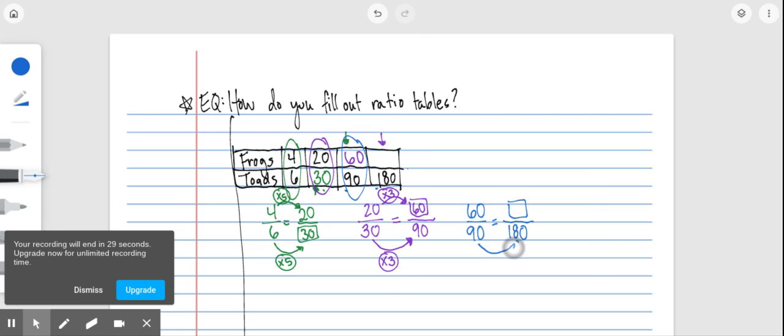So how many groups of 90 toads go into 180? Well, 2 groups of 90 toads go into 180, which means in the numerator I do the same thing. 2 groups of 60 frogs, which is 120. So the numerator is 120. And now I have 4 equivalent ratios, which I'll write out in the next video.